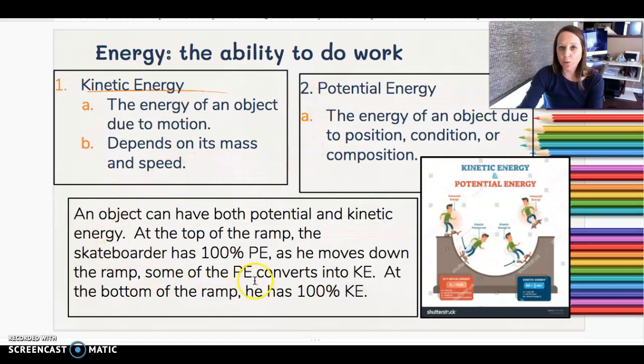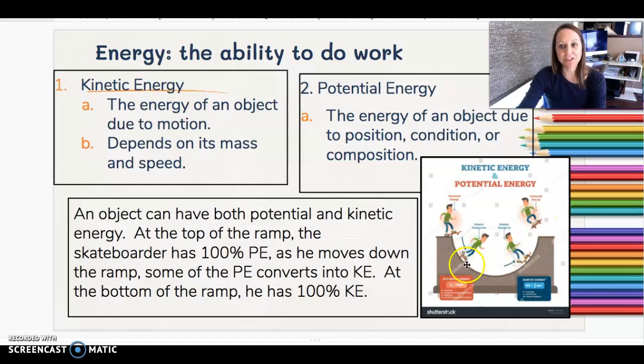Objects usually have both potential and kinetic energy, and it just transforms from one form to another. We talked about the skateboarder or roller coaster example earlier. He has potential energy up at the top when he's not moving, and once he starts moving down the ramp, it changes into kinetic energy. Then once he stops at the top, he only has potential energy.